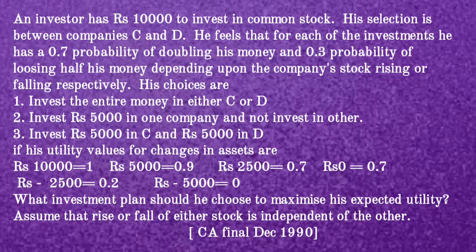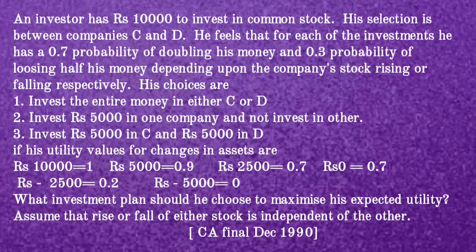His choices are: first, invest the entire money in either C or D. Second, invest rupees 5,000 in one company and not invest in other. Third, invest rupees 5,000 in C and rupees 5,000 in D.